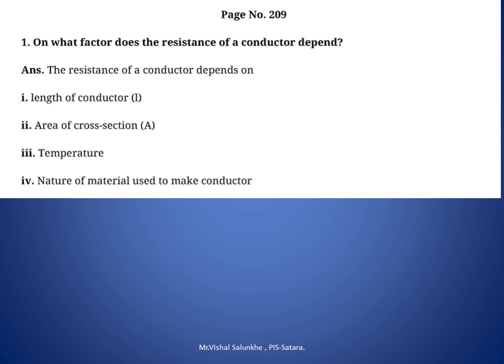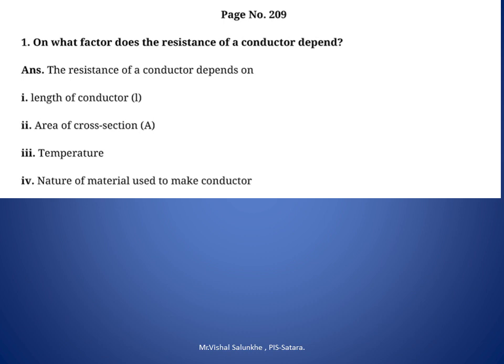Second factor, area of cross section. If you increase the area, more area gives more free electrons, and more free electrons give more current, and if current is more, then according to Ohm's law, resistance will be less.